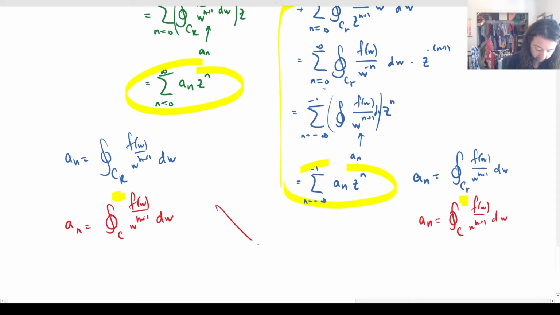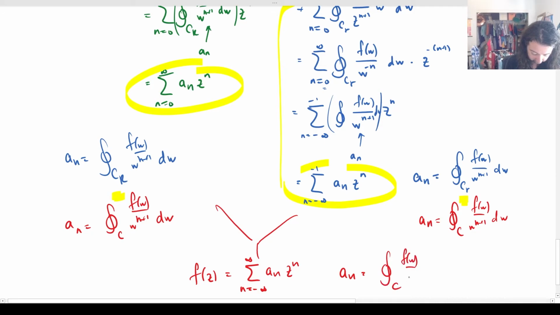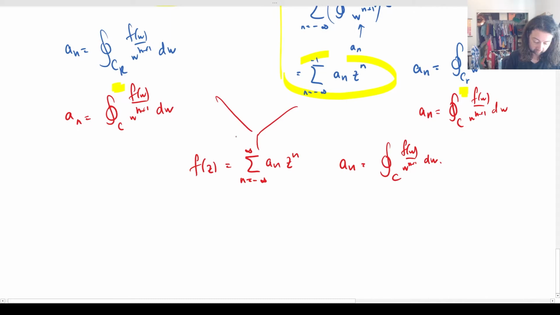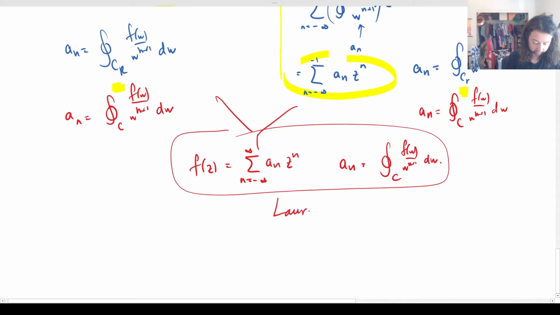And that means you can bring both halves together, and you get that f of z is equal to the sum from n equals minus infinity to infinity of a_n z to the n, where a_n is equal to the integral over C of f of w over w to the n plus 1 dw. And this object is called the Laurent series.